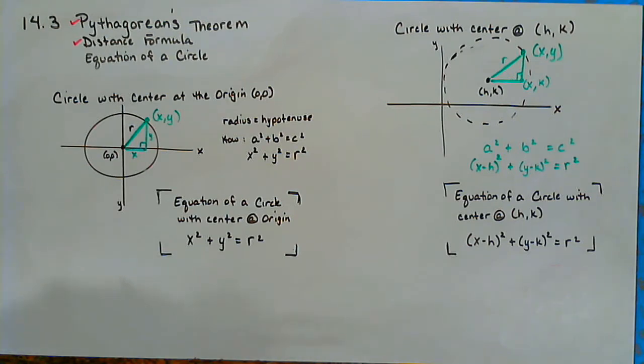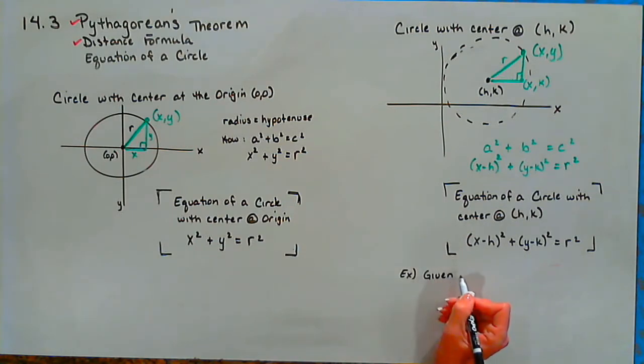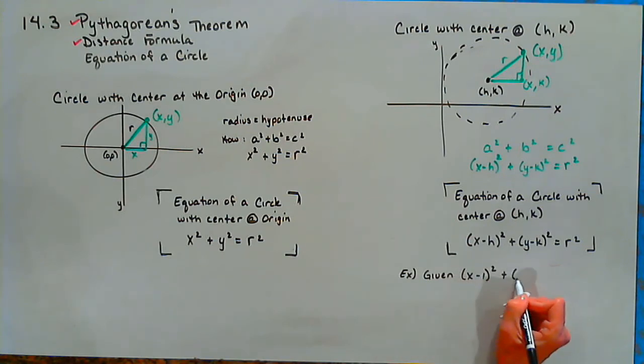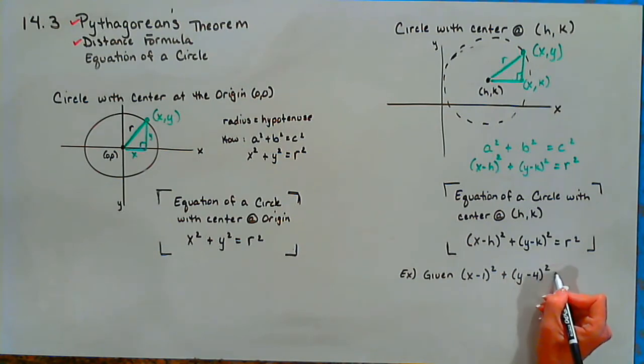So let's practice. Before I erase this, let's do the following. Let's say I give you x minus 1 squared plus y minus 4 squared equals 25. Okay, let's find the important facts.